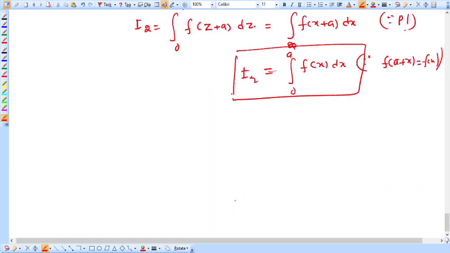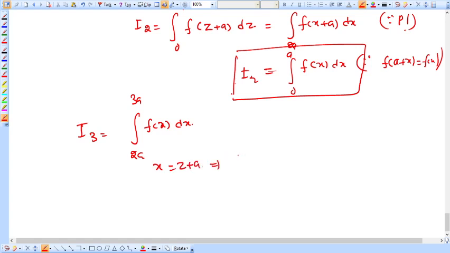Now calculate I3. What is your I3? Okay, so I3 is equal to integral 2a to 3a of f of x dx. Similar substitution here, put x is equal to z plus a, okay.